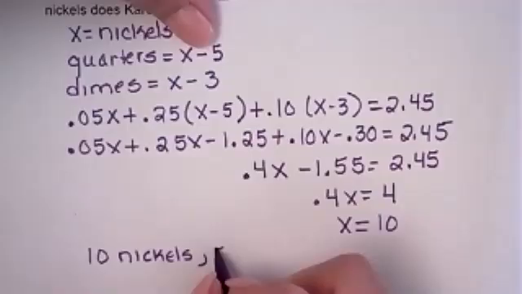Lots of decimals, but y'all know how to do that. Okay, now let's combine our like terms. So let's do the x's. 0.05 plus 0.25 plus 0.1. Now be careful of your decimal places when you add.